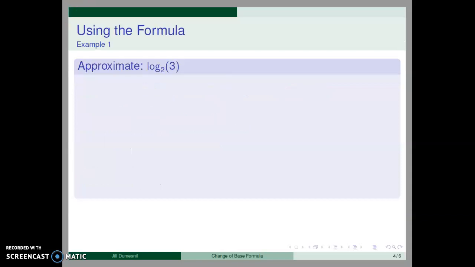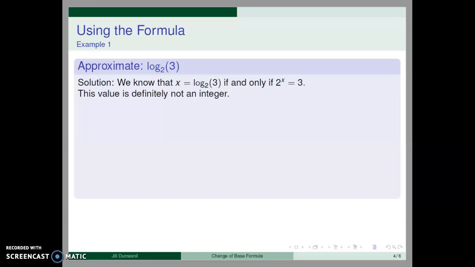Now let's consider a few examples. First, let's go ahead and approximate log base 2 of 3. We know that x equals log base 2 of 3 provided that 2 to the x is 3. This value is definitely not an integer. We know it's between 1 and 2, since 2 to the 1 is 2 and 2 squared is 4.